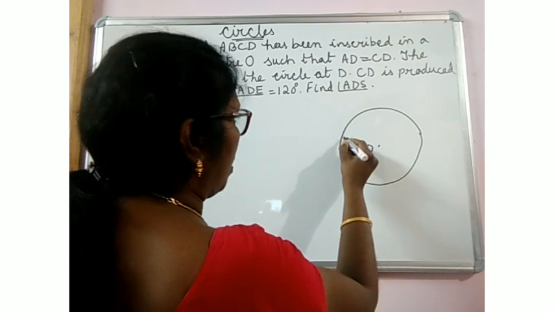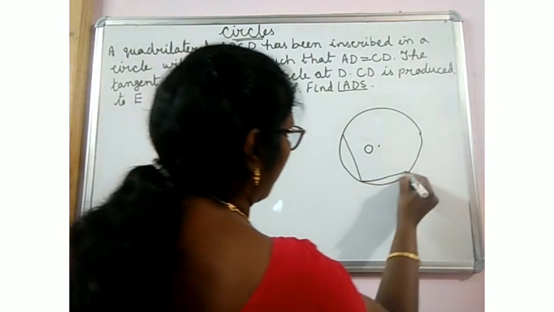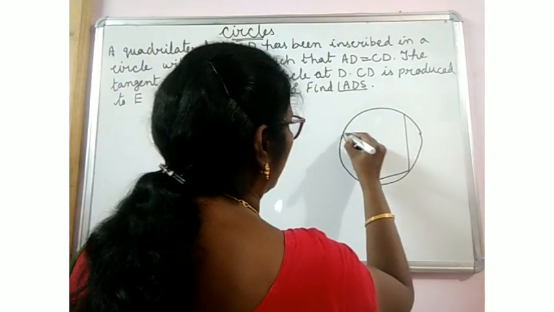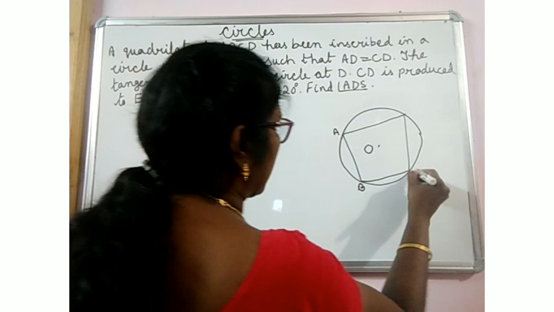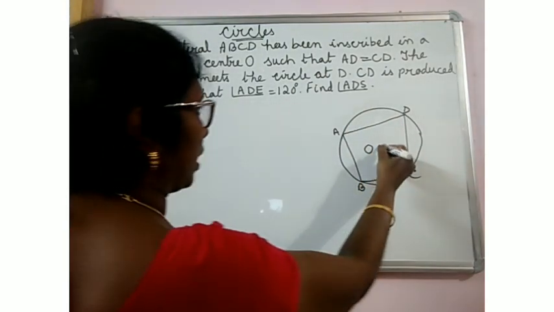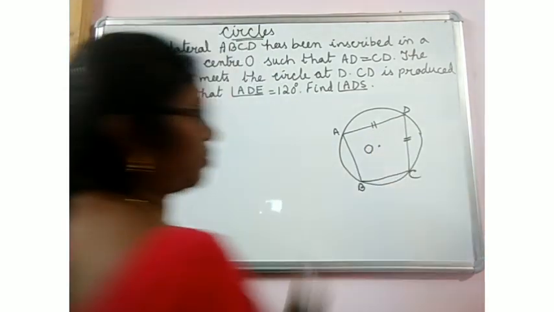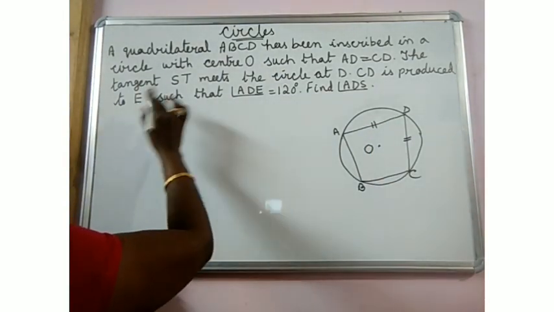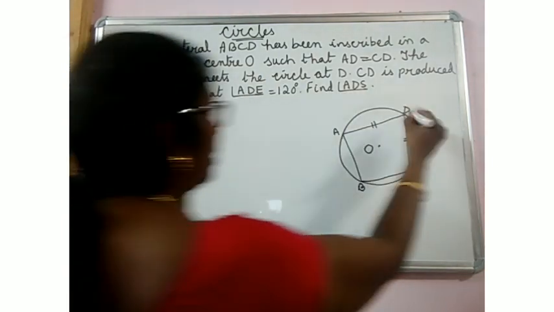So let me draw the quadrilateral A, B, C, D, inscribed in a circle with center O such that AD is equal to CD.